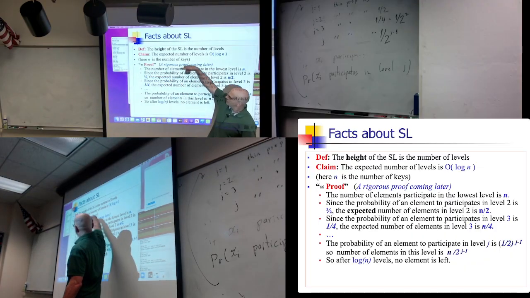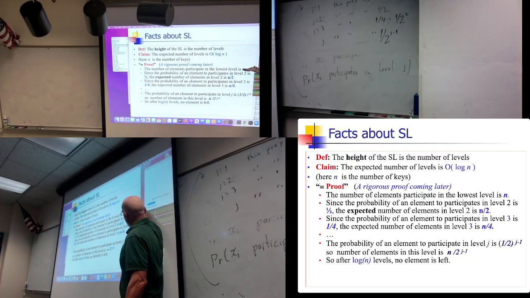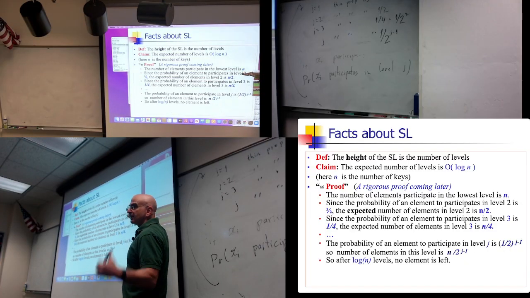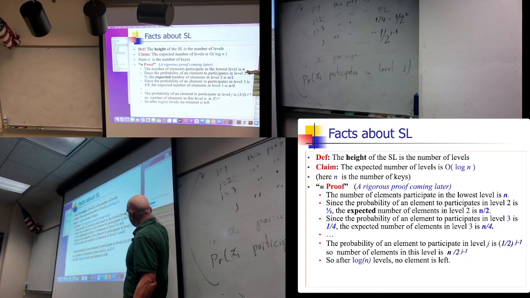It's an approximation of a proof. Right? I expect all n elements to be in level 1. I expect, because of these probabilities, half of them to be in level 2. Right? Kind of law of large numbers. If n is really large, each one has a probability of half, so that is the expected number of elements in level 2.